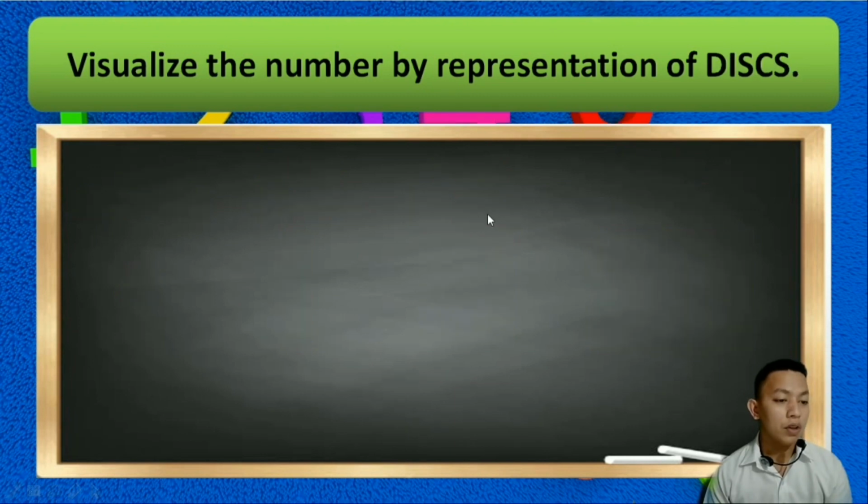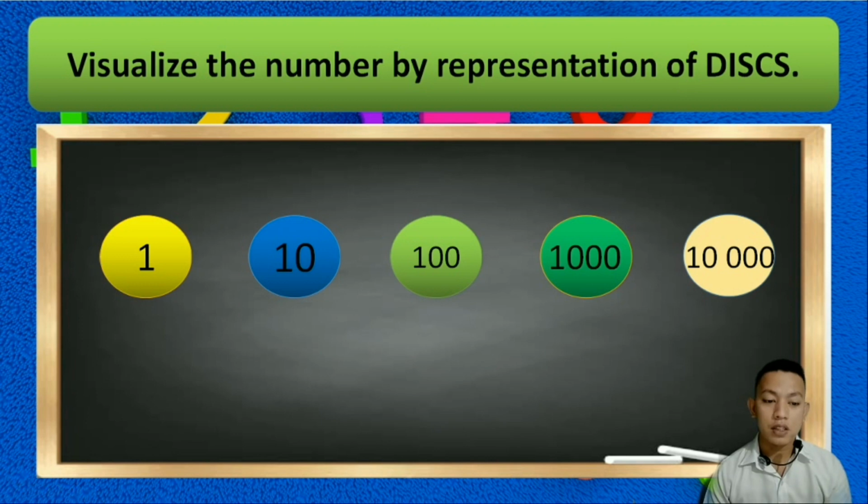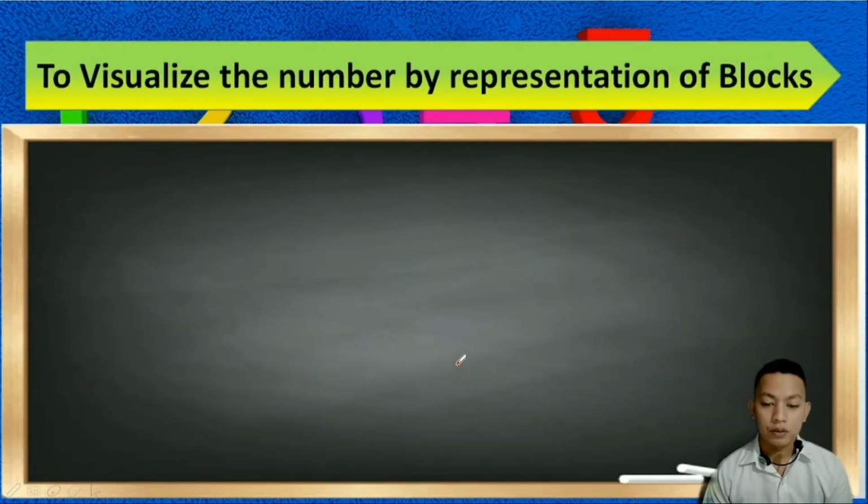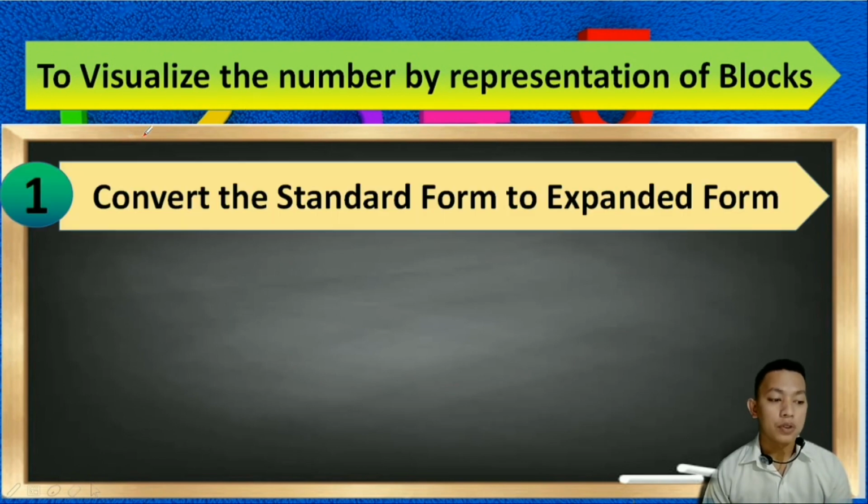Now, we can also visualize numbers by representation of this. So these are the discs that we can use to represent a number: 1, 10, 100, 1,000, and 10,000. To visualize a number by representation of blocks, we have steps to follow.